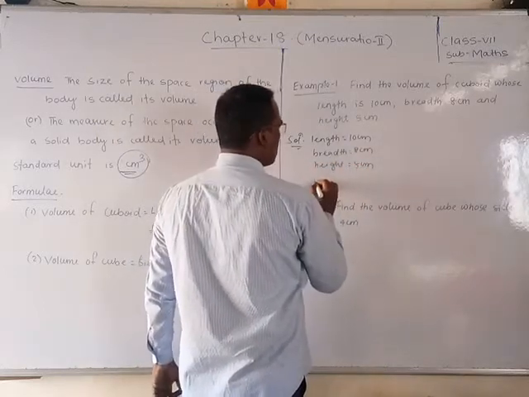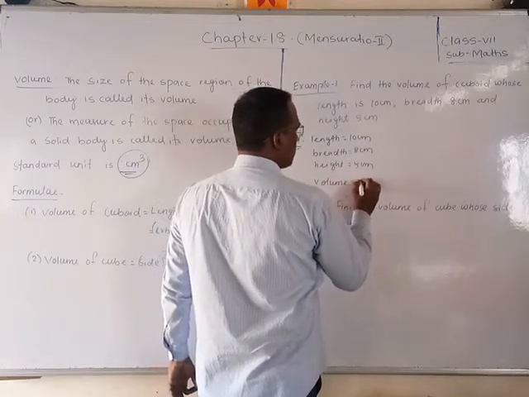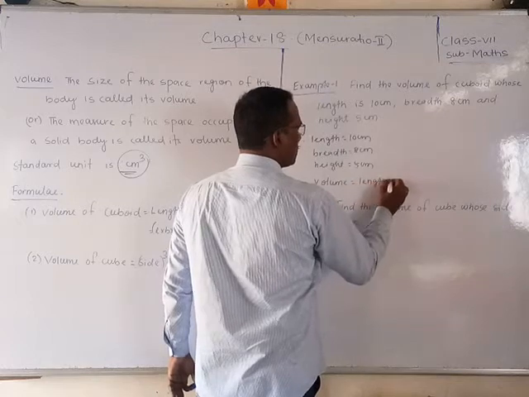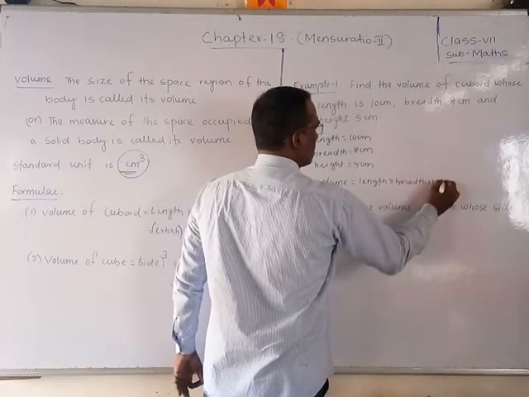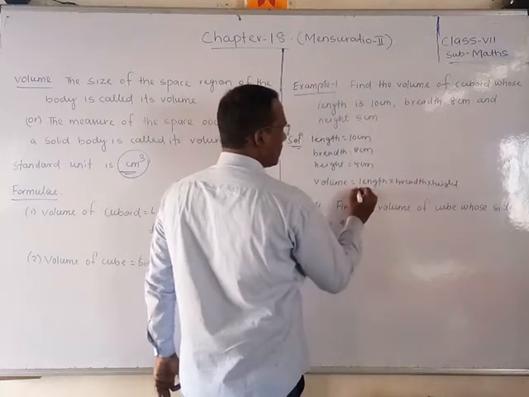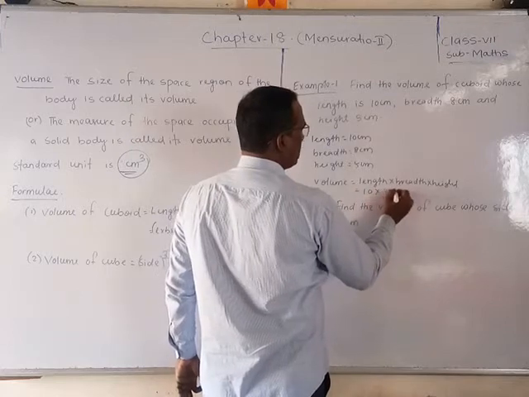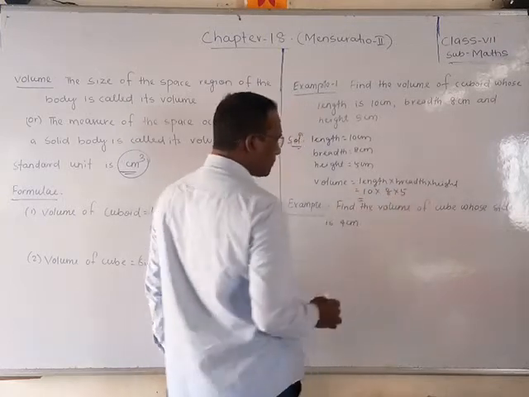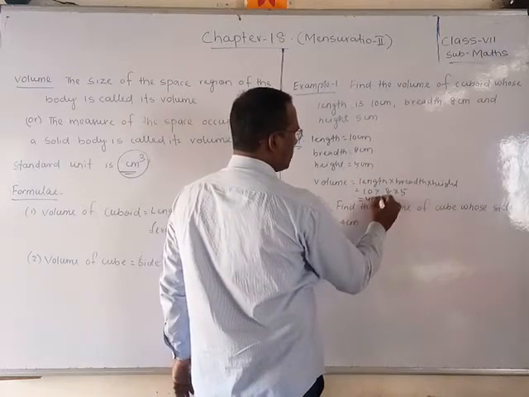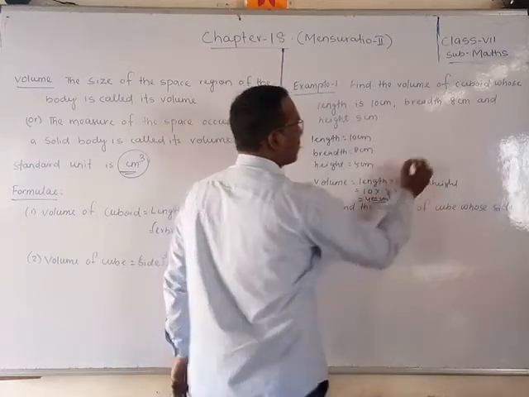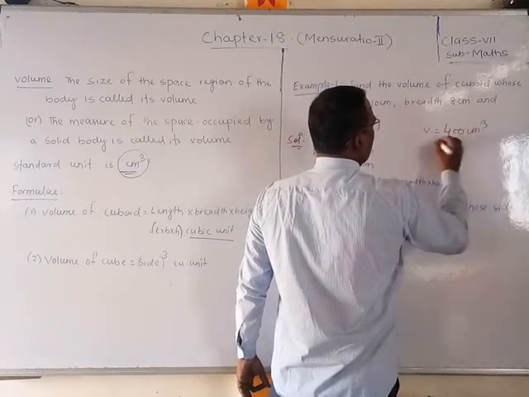What you have to find, friends, is the volume. Volume is equal to length into breadth into height, that is 10 into 8 into 5. 8 fives are 40, and 0, so 400 cm cube. So the volume is equal to 400 cm cube.